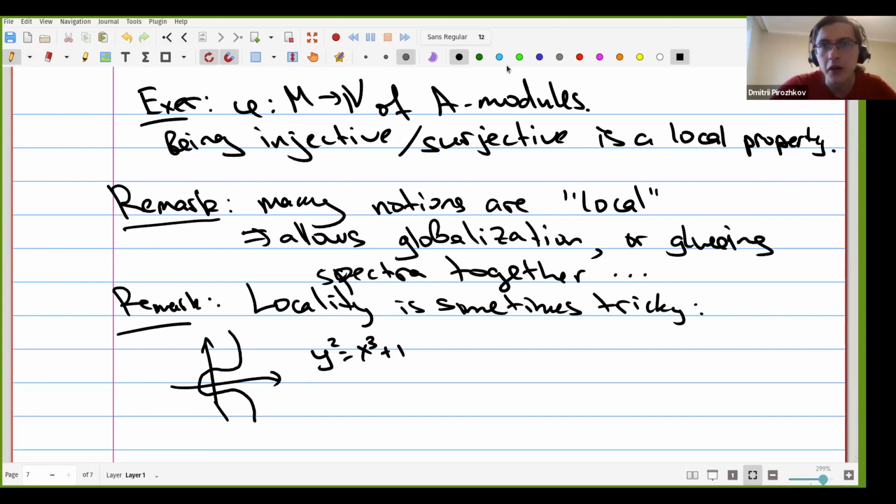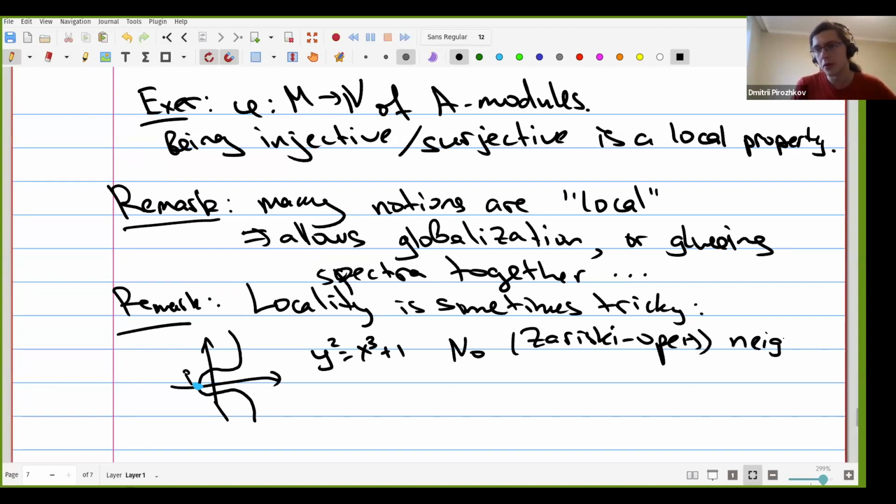And let's say this point here is called P. No Zariski open neighborhood of P looks like a fine line.